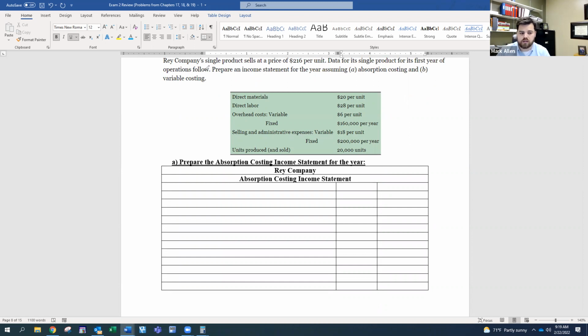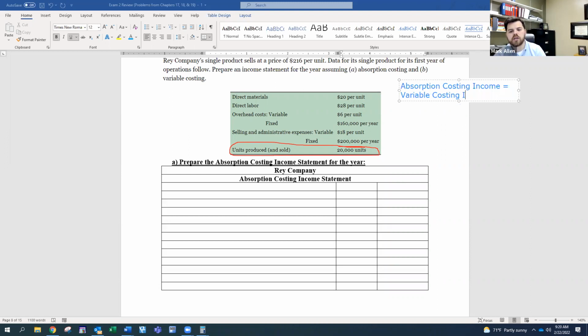So what's the difference? Well, in this case, notice this last line here, units produced and sold, meaning what? We produced and sold the same number of units, which means that my total absorption costing income will be equal to my variable costing income.